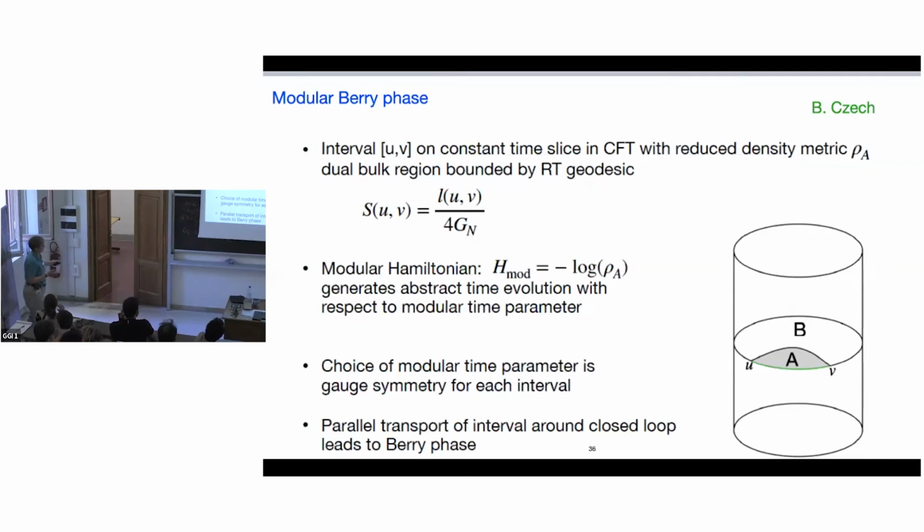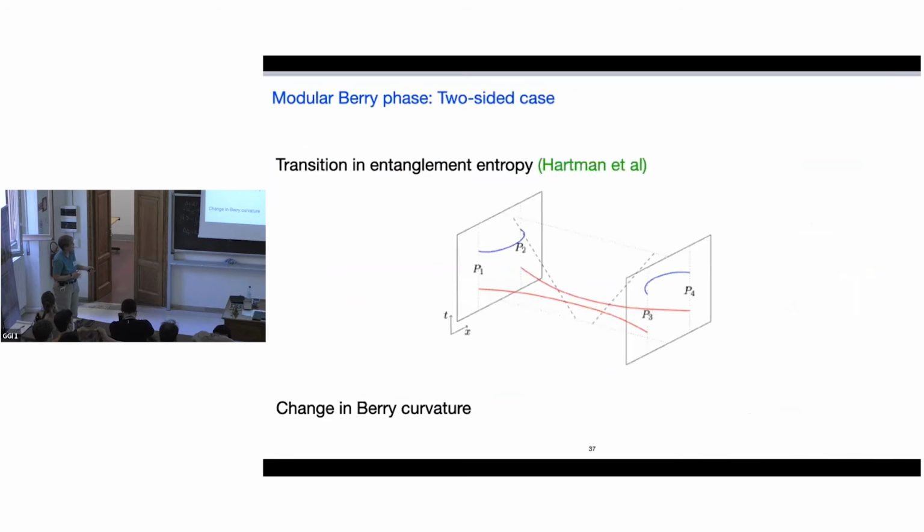Then the idea is to consider a modular Hamiltonian for this reduced density matrix, which generates an abstract time evolution with respect to the modular time parameter. The choice of the modular time is given for each interval. And then again, the parallel transport of the interval around a closed loop leads to a Berry phase. Just very briefly, we applied this to the wormhole in a two-sided scenario.